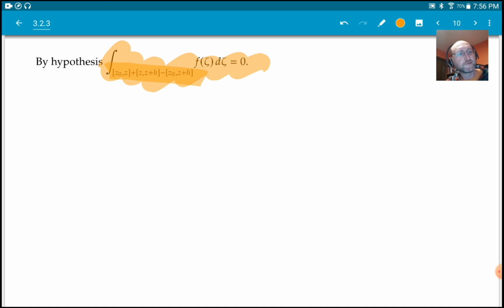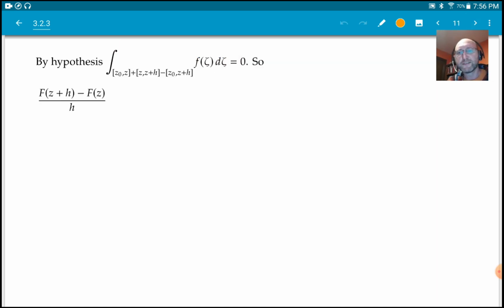The boundary of this triangle is this cycle over here: I start at Z0, go to Z, then go to Z plus h, and then go back to Z0. We're trying to show that the derivative of capital F is little f.